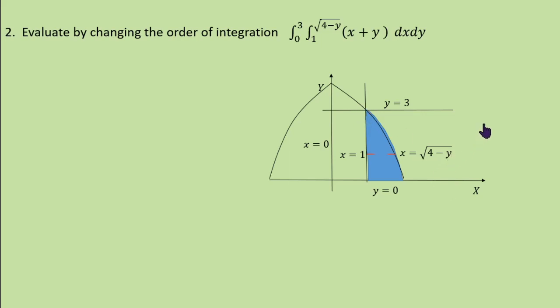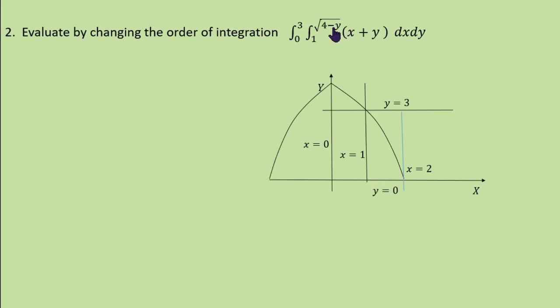When you change the order of integration, x varies from 1 to 2, the point of intersection of this parabola and y equal to 0, the x axis. When y is 0, x is root 4, that is x equal to 2. So between x equal to 1 and x equal to 2, take any x, y varies from 0 to a point on this parabola.